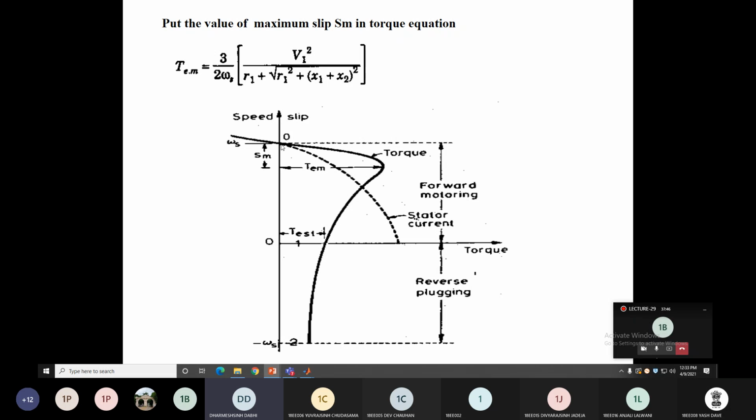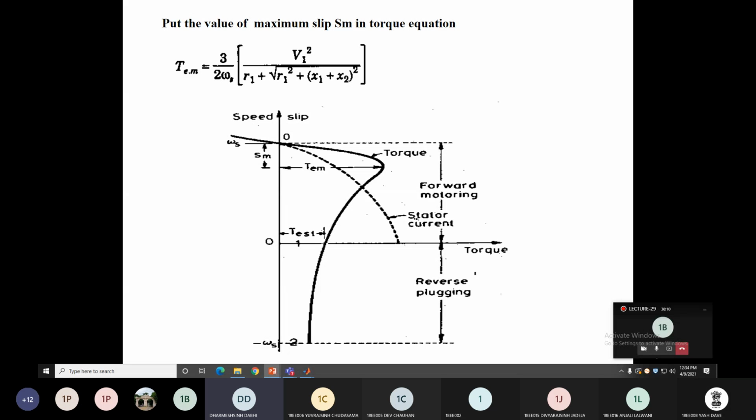Slip 0 at this point means that the speed of the induction motor is the same as the synchronous speed. Clear? But that does not actually happen. So this is 0 slip, meaning maximum speed. Here at this point slip is 1, which means your motor is in standstill condition. It means the actual speed of the rotor is 0.